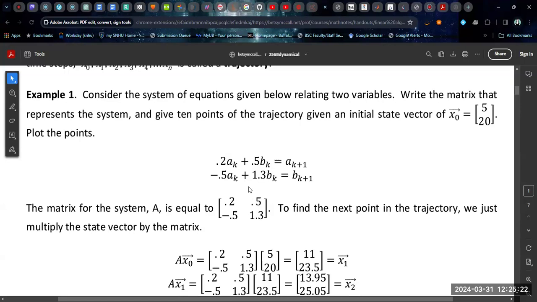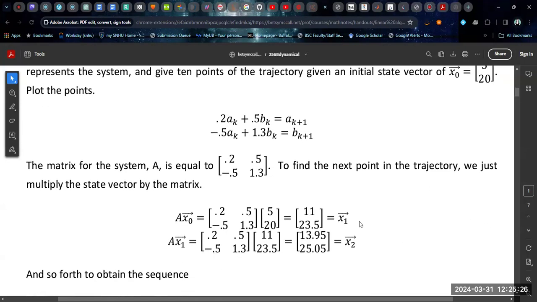So this is our system of equations. We can write this as a matrix by pulling out our coefficients and putting them into matrix form. And then in order to get the next step in the trajectory, we will simply multiply our current state vector by the change of state matrix.